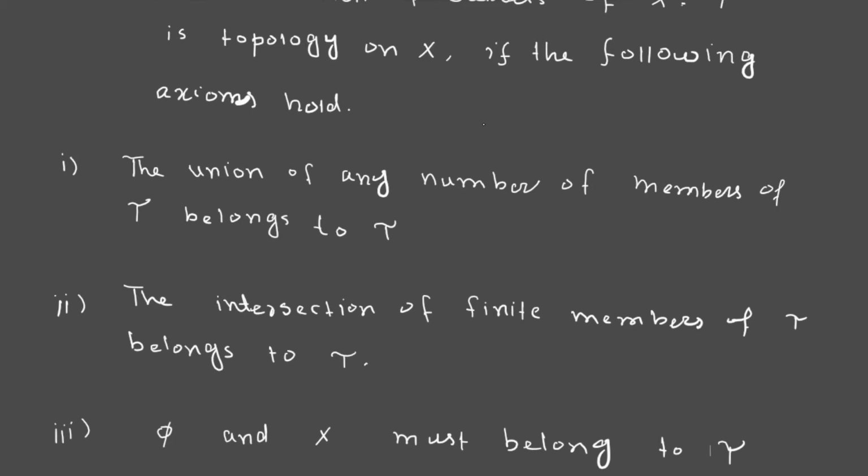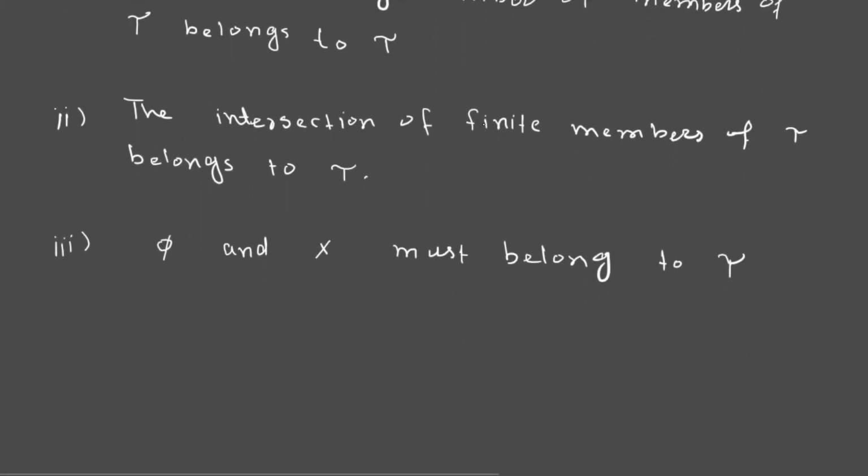If these properties are satisfied, then we say that tau is a topology on X, and when we write it as the pair (X, tau), we call it a topological space.